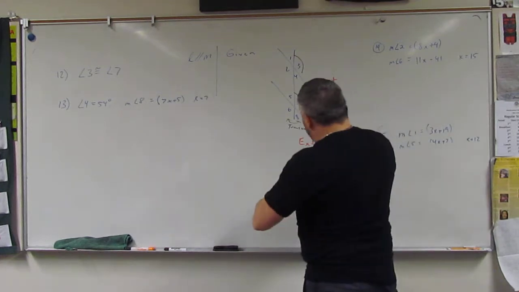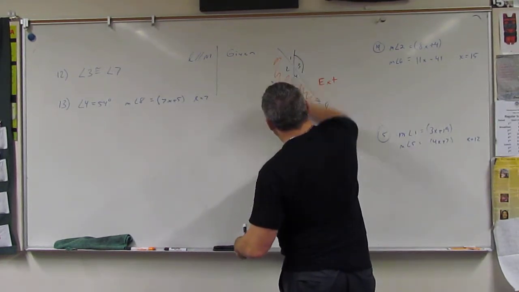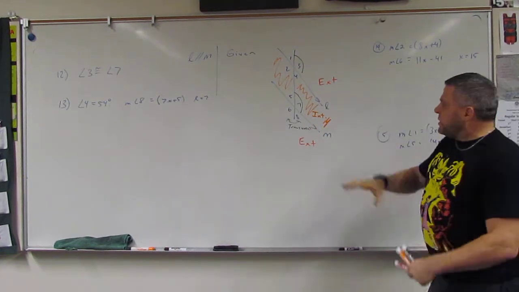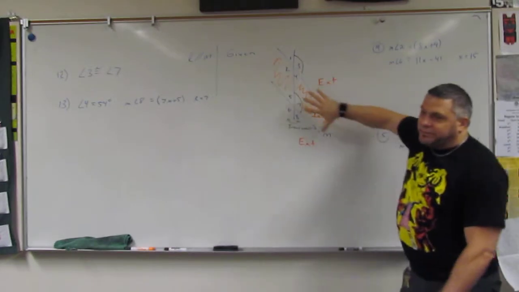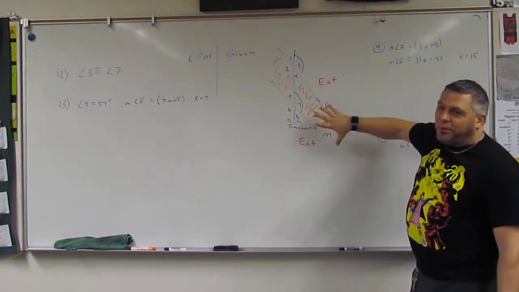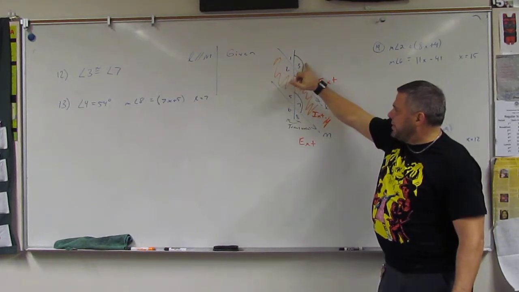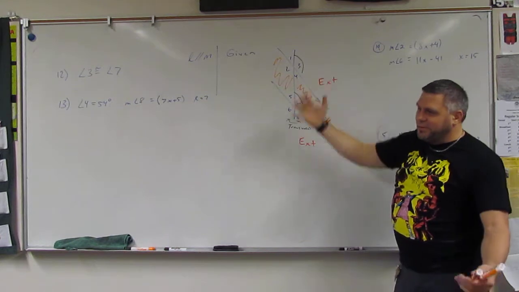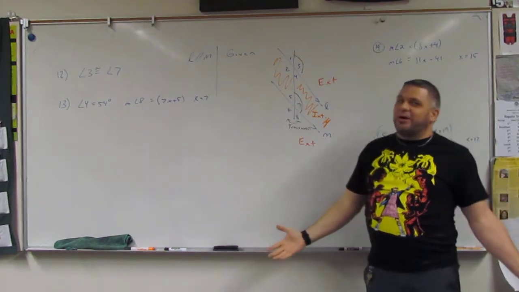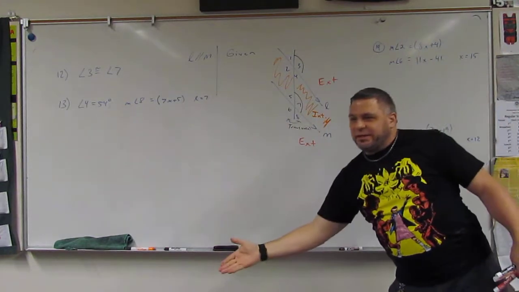Interior, meaning in here. So that means the angle is in here. Are both angles in this orange area? Are 3 and 7 both inside here? No. It's really not hard. One's exterior, one's interior.